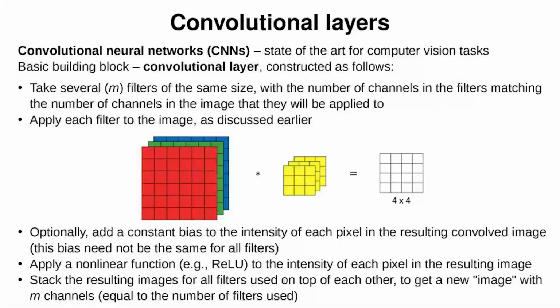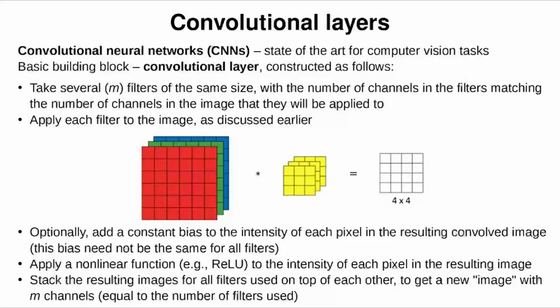We apply a nonlinear activation function, for instance ReLU, to the intensity of each pixel in the convolved image, and then we stack the resulting images from all M filters that have been used on top of each other to get a new image with M channels.